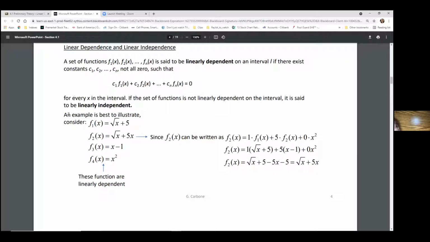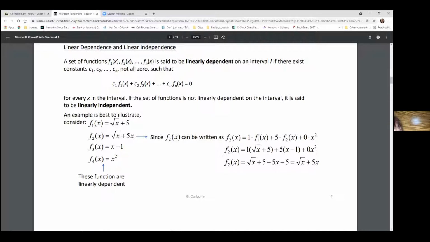So here's an example to best illustrate. So consider these four functions, right? I got these four functions. One is square root of x plus 5, square root of x plus 5x, x minus 1, and x squared. These functions are actually linear dependent. Now, the reason why they're linear dependent is because this middle function here can be written as a linear combination of 1, 2, and 3, right?